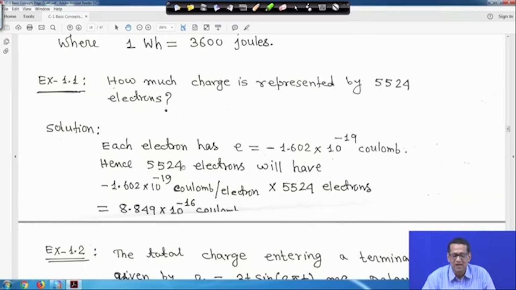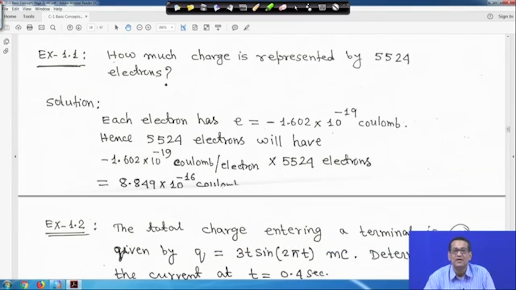Hence, 5524 electrons will have minus 1.602 into 10 to the power minus 19 coulomb per electron into 5524 electrons, because each electron has this much charge. So the total will be minus 8.849 into 10 to the power minus 16 coulomb. Here a little bit has been cut off in scanning, but this is actually coulomb.